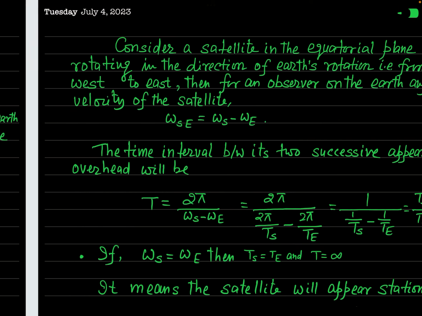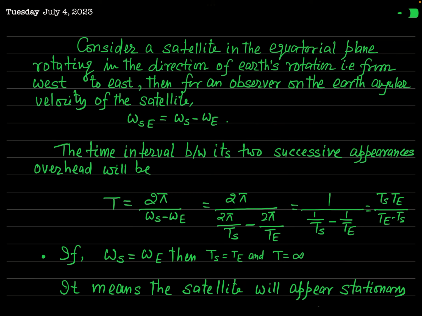You can easily see. I have shown here that omega se represents the angular velocity of the satellite with respect to the earth. And you know this omega se, the relative velocity of the satellite with respect to the earth, will be equal to omega s minus omega e.